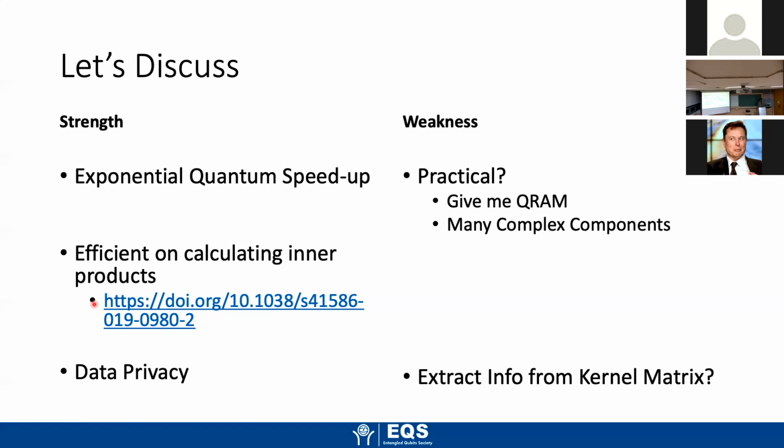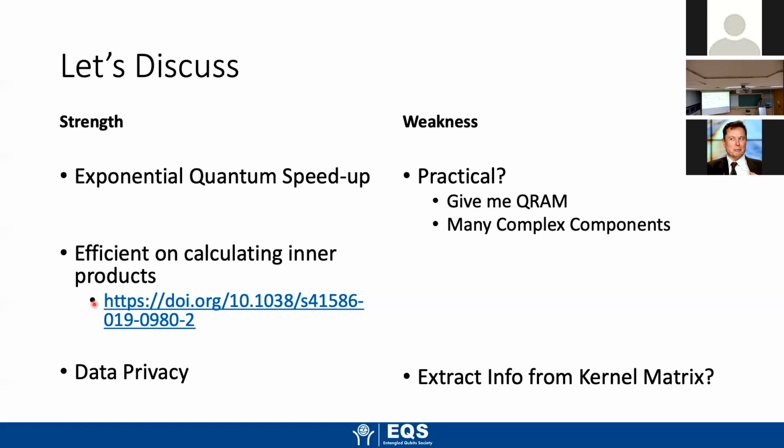Another strength they claim is data privacy. But let's think about it. If we have a kernel matrix, can you extract information from it? Not perfectly, not all the data, but I heard that when you have a trained neural network, you can actually extract data used to train that neural network.